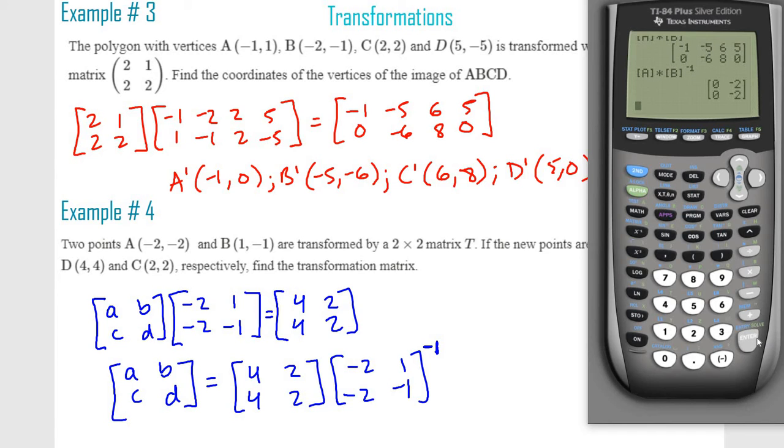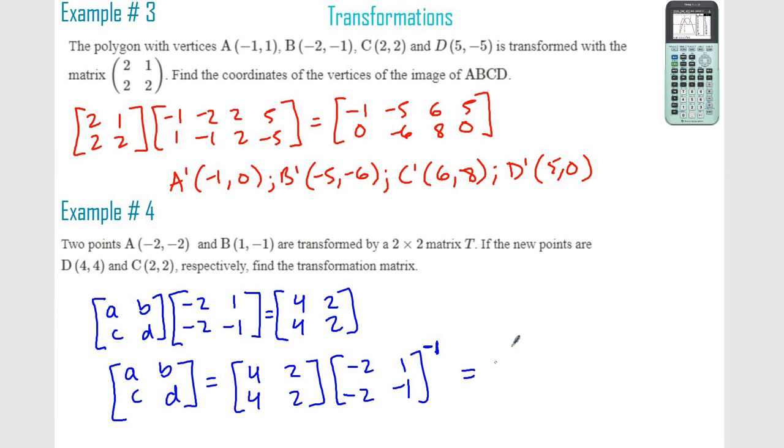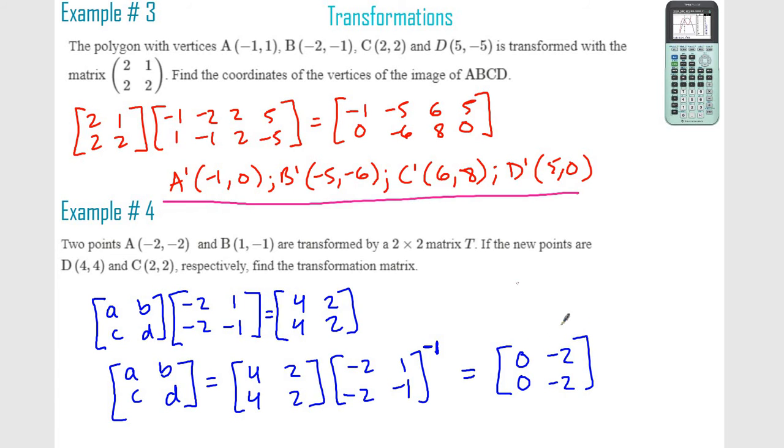Isn't that great? Wonderful. All right, so then we get our transformation matrix, which is 0, -2, 0, -2. So there is our answer. So we've got our answers, the points there, and the matrix there.